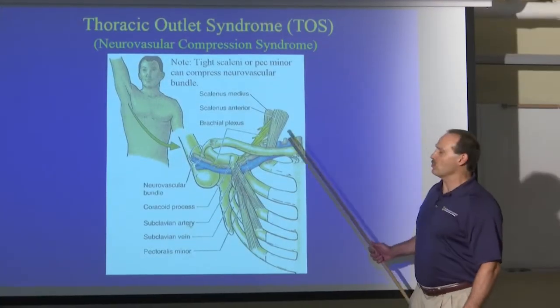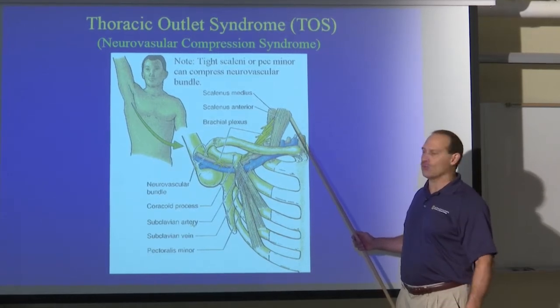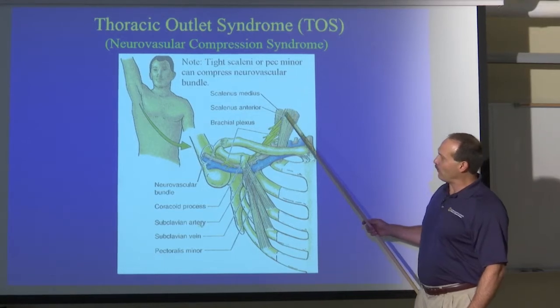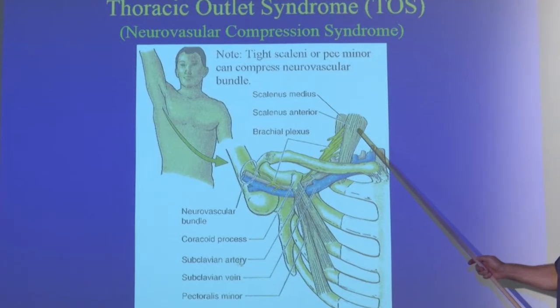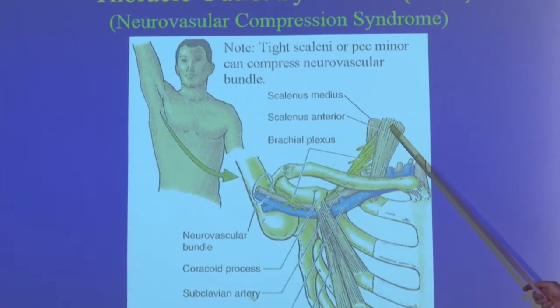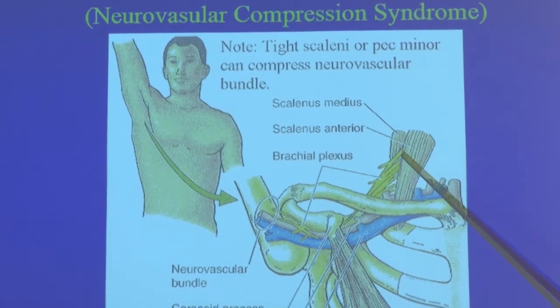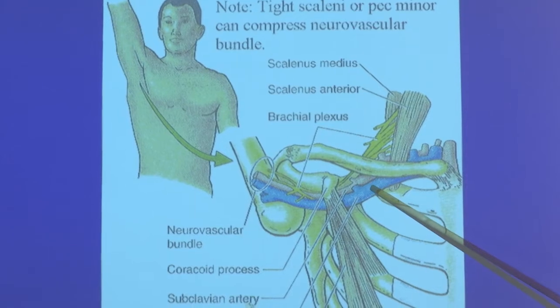So this slide shows the course of the brachial plexus and where it can be compressed or impinged along its course, coming down through. First, you see the middle and the anterior scalene muscles, these two muscles right here. And the roots and the trunks that are formed come out through those. Then the brachial plexus is going to come down along with the subclavian artery and the vein that you see right here.